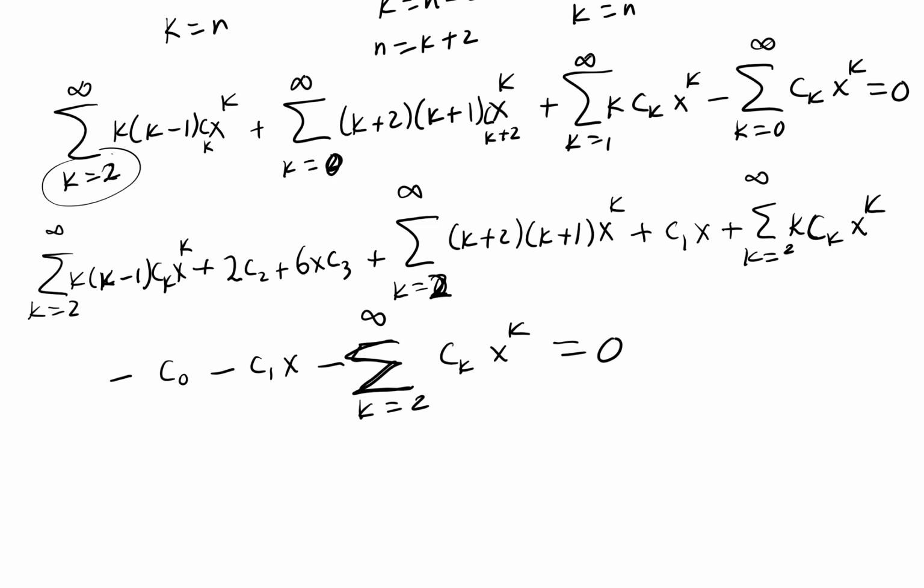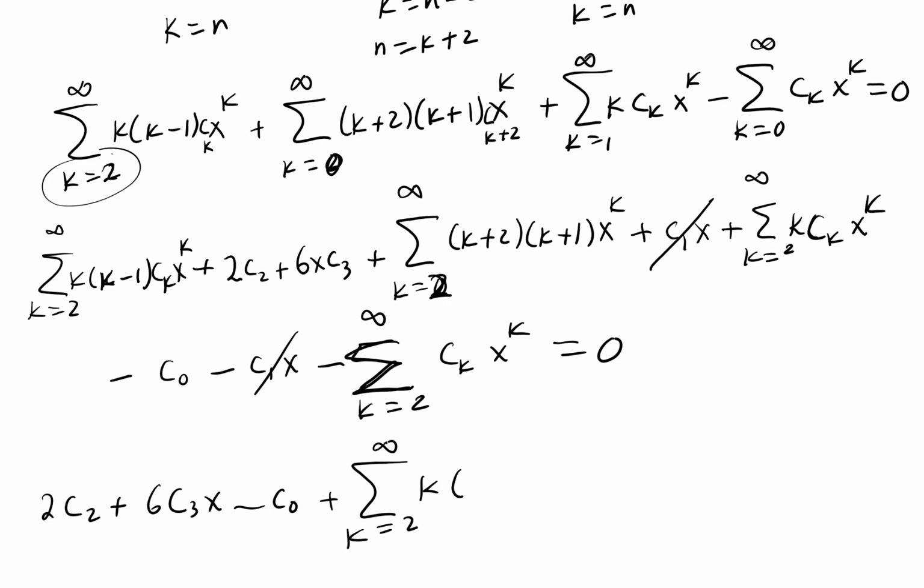Now I'm going to group the terms that we need. 2 c2 plus 6 c3 x. The c1 x cancels this, minus c0, plus the sum where k goes from 2 to infinity.